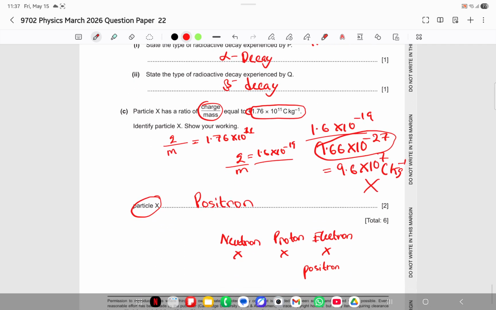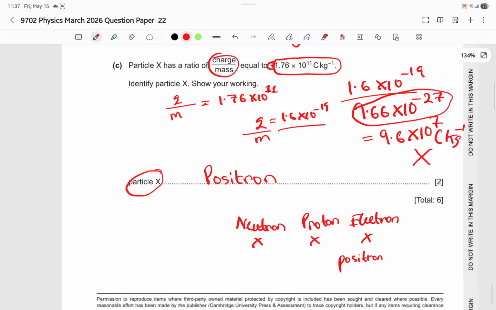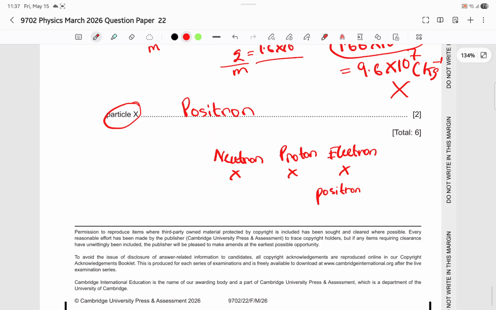So what is a positron? There's nothing really given in the question. A positron is the antiparticle of the electron. So it has the same mass as an electron, but the opposite charge, right?